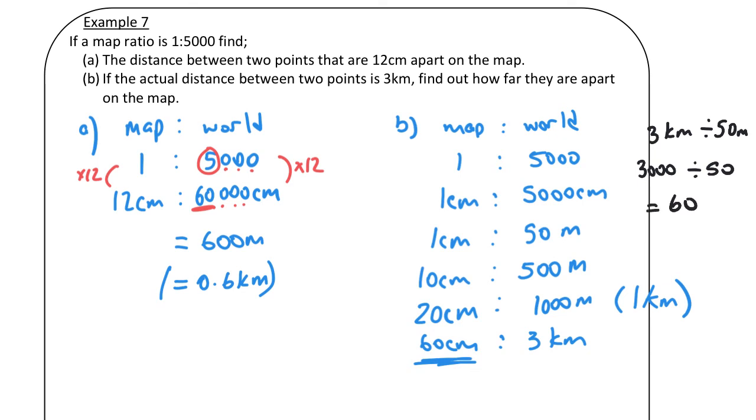And then to get from our 50 metres up to 3 kilometres, we'd multiply by 60. So then we'd have to multiply by 60 on the left. So dividing the distance that you're trying to find, in this case our 3,000 metres, by how far 1 centimetre is in the equivalent units, will tell you how many times you multiply up by, and then if you multiply the 1 centimetre by whatever that value was, you would get up to 60.